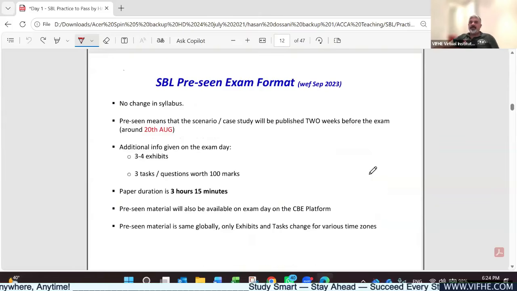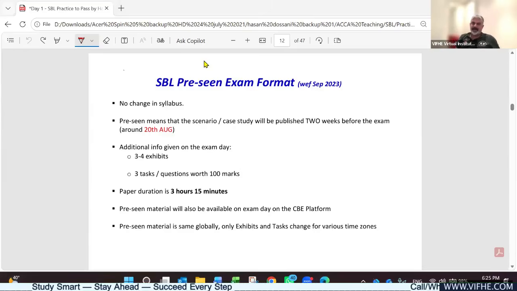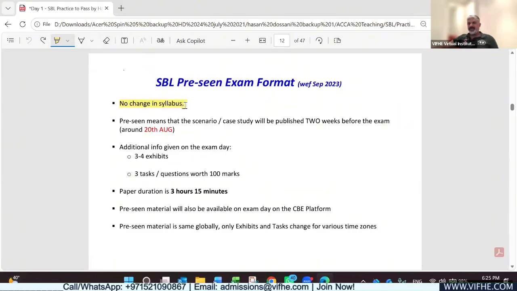So all of you are aware of the paper format, guys? Is there anybody who is not aware of the paper format for SBL? Write to me. Everybody is aware of the paper format. All right. So I will quickly go through this. There are no changes in the syllabus.